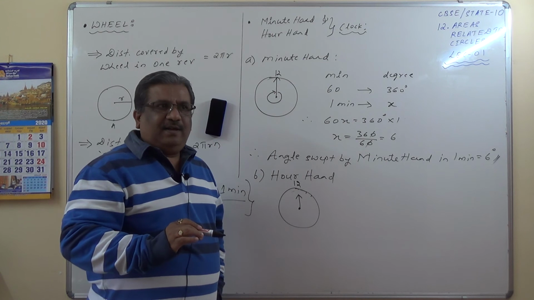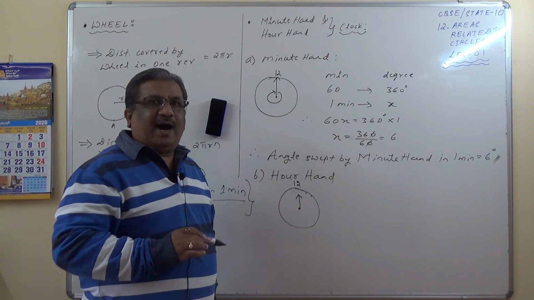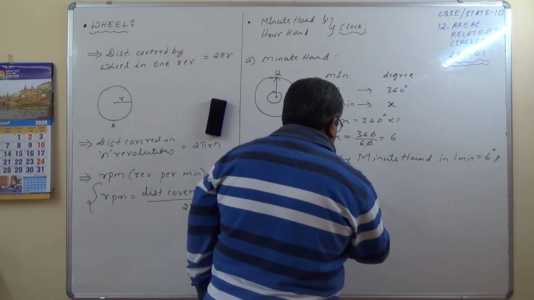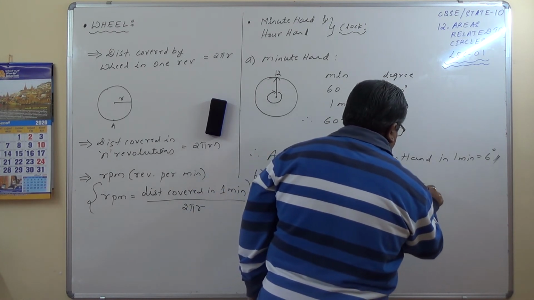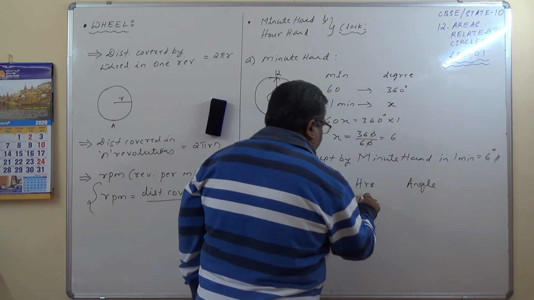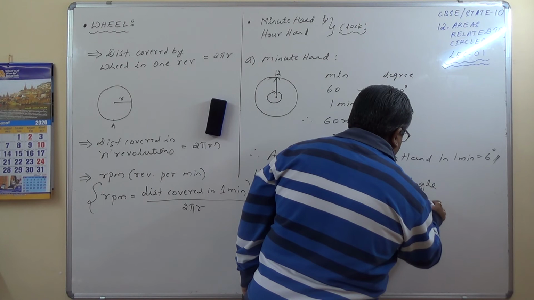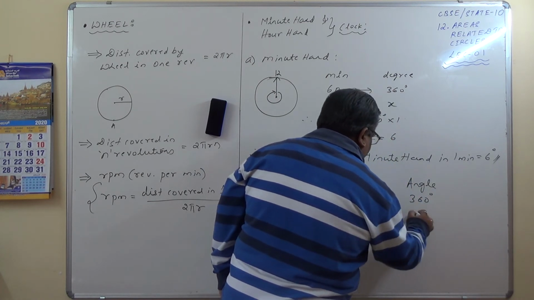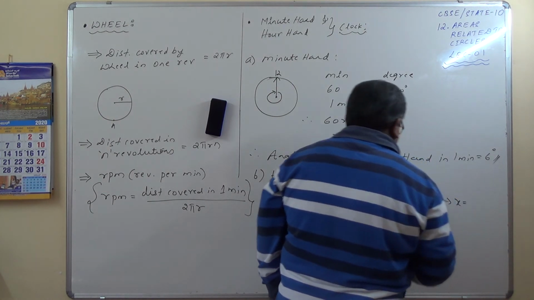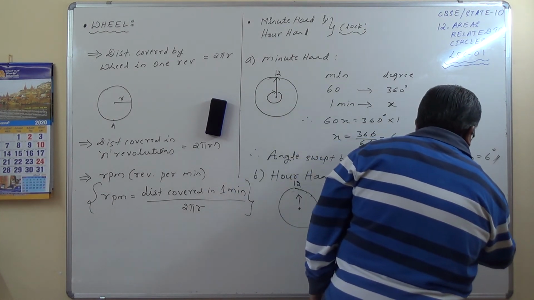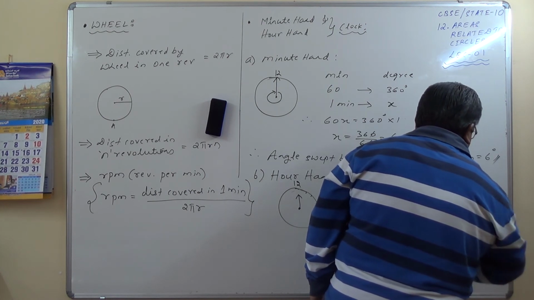Is it right? So in 1 hour, what is the angle swept by the hour hand? We'll see that one. So here I'll write hours and angle. In 12 hours, the angle swept by the hour hand is 360 degrees. So in 1 hour, x implies x equals 360 divided by 12, which is 30 degrees.